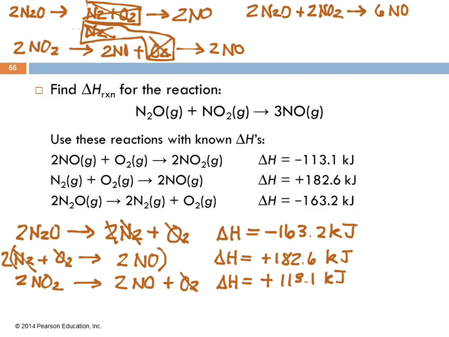So what did I have going on here? I had this first reaction, 2N2O going to nitrogen and oxygen, and I wrote down its enthalpy. And I've got this one, 2NO2 goes to 2NO and the O2. That's this guy down here, which I had to reverse from up here. And when I reversed it, I changed the sign. Then we had this process in the middle, the N2 plus O2 making 2NO.